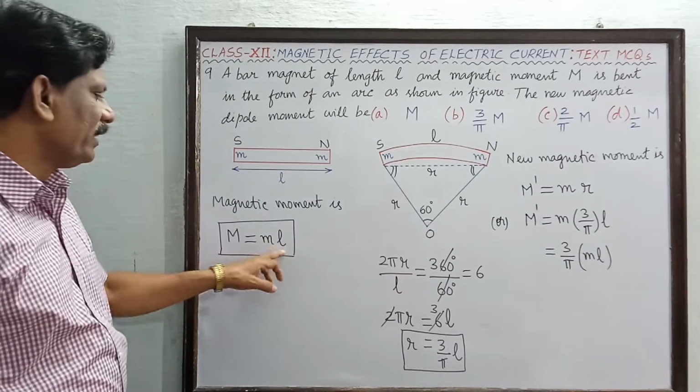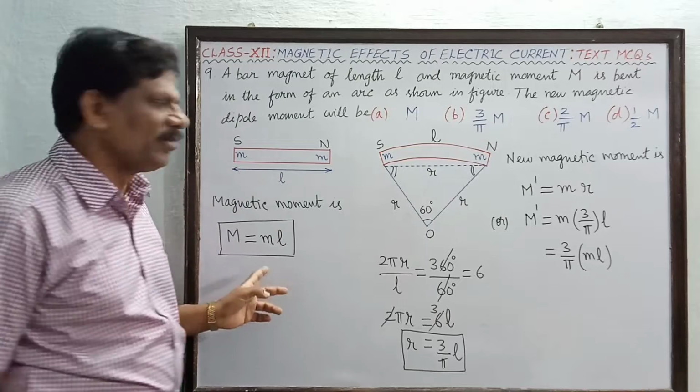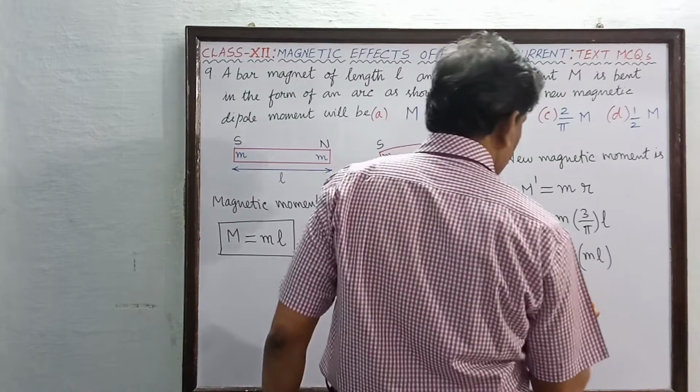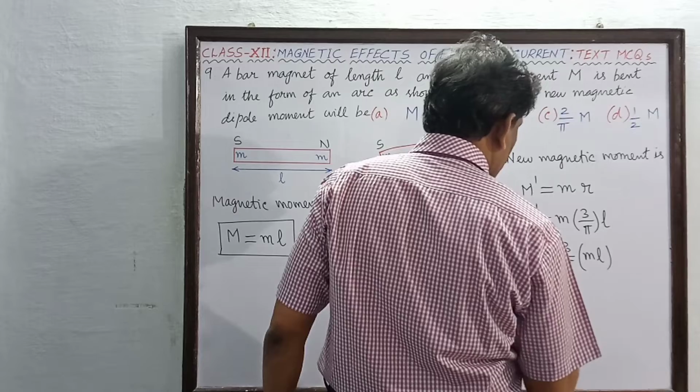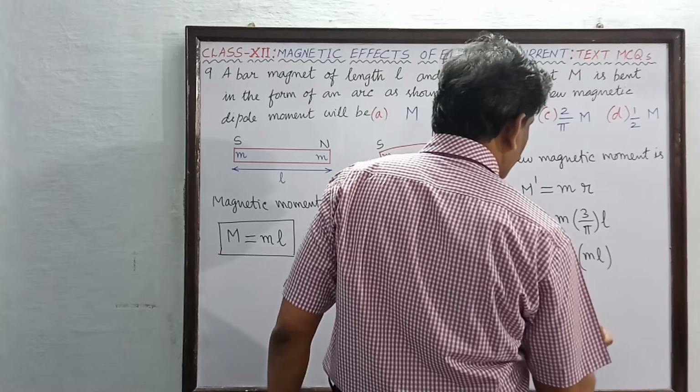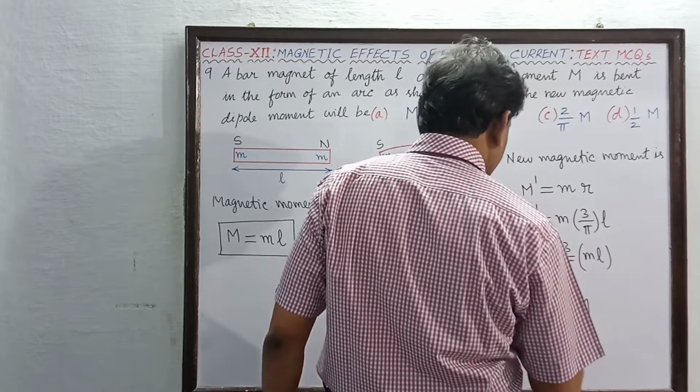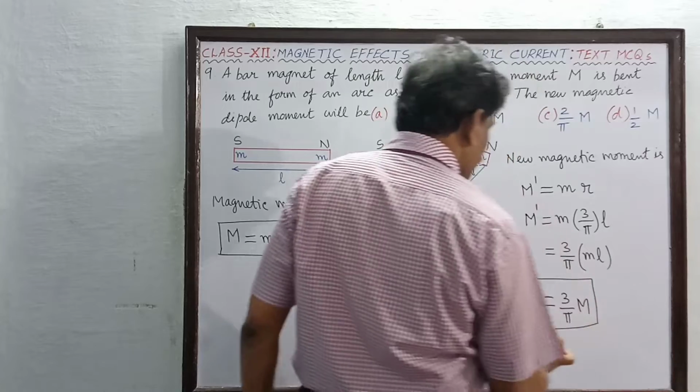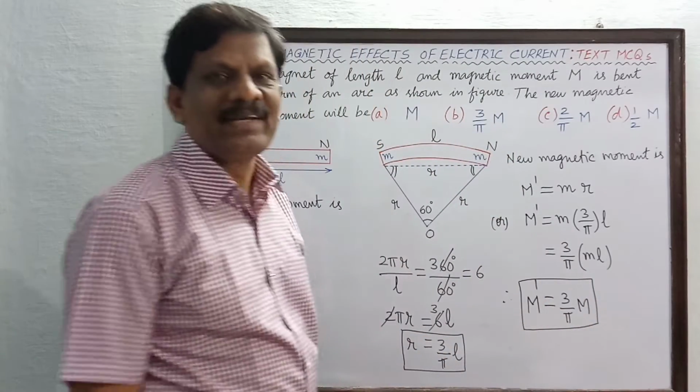But what is m into L? That is the original initial magnetic moment, capital M. Therefore M dash is equal to 3 by pi times M. So this is the answer we are getting.